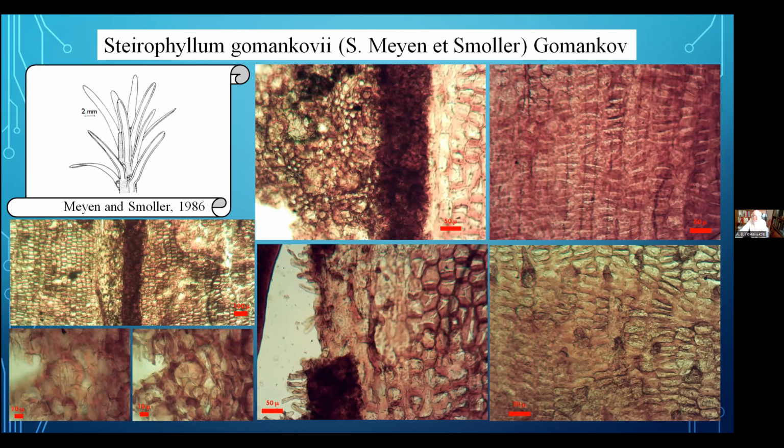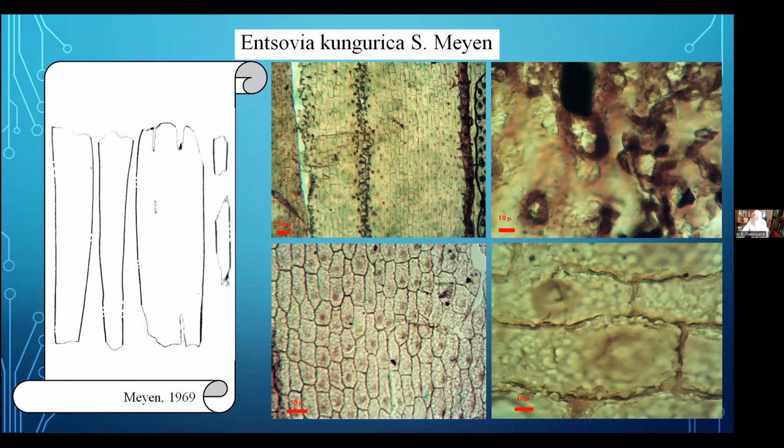The second plant of the second group is Ensovia kungurica, a species described by Sergei Viktorovich Main from the Kungurian of the Permian region. These are drawings by Main showing linear leaves. The rounded apex is preserved in one of them.